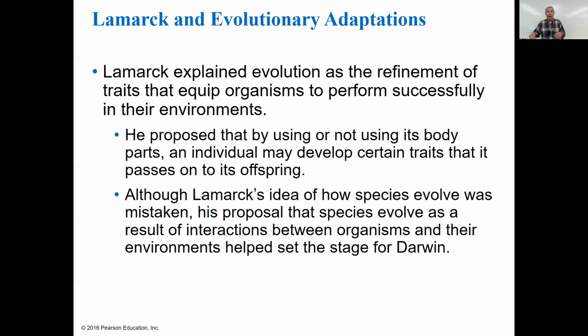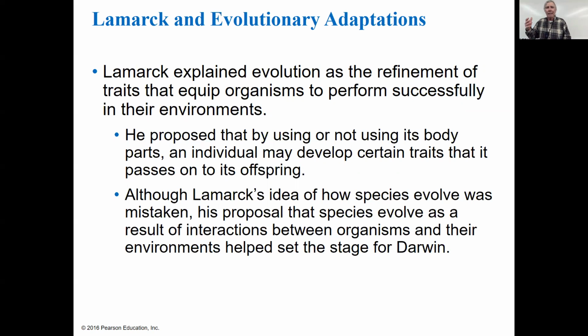So, for example, why does a giraffe have a long neck? Because it's always stretching that neck, trying to reach those upper leaves, and the strivings of parents somehow get put into eggs and sperm, and then those characteristics were found in the offspring.